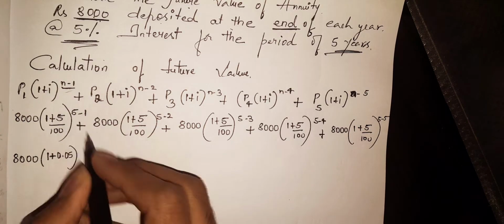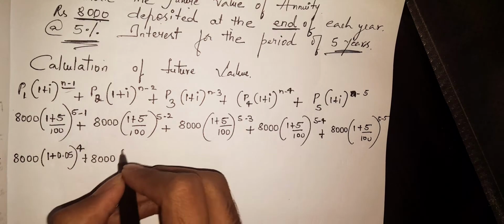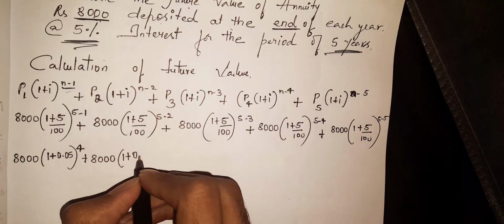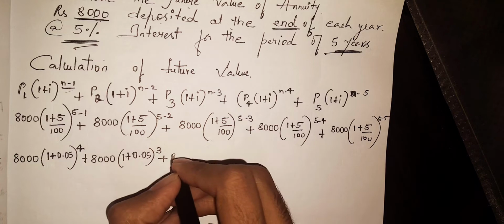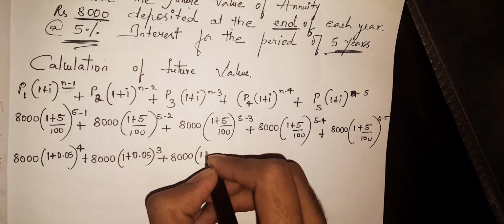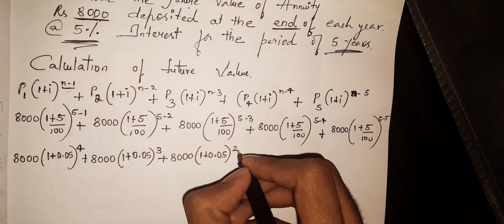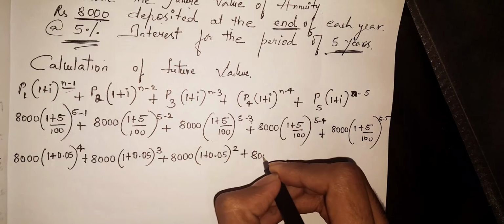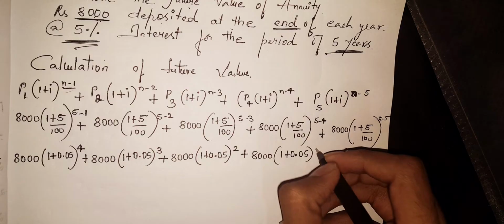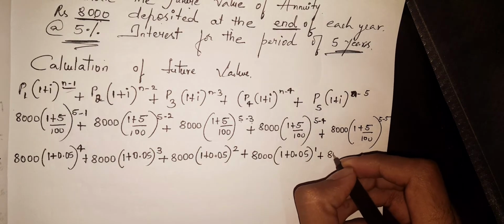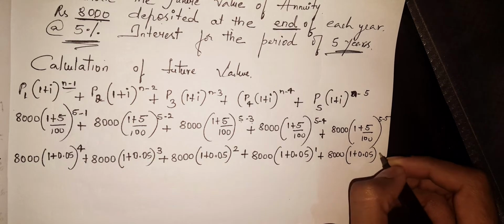So (1 plus 0.05) to the power of 5 minus 1 is 4, plus 8,000 (1 plus 0.05) to the power of 5 minus 2 is 3, plus 8,000 into (1 plus 0.05) to the power of 5 minus 3 is 2, plus 8,000 into (1 plus 0.05) to the power of 5 minus 4 is 1, plus 8,000 into (1 plus 0.05) to the power of 0.